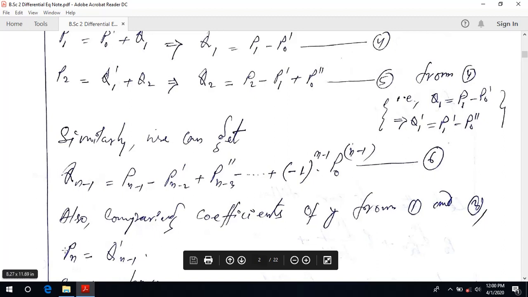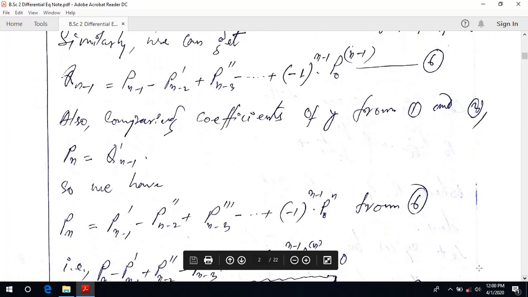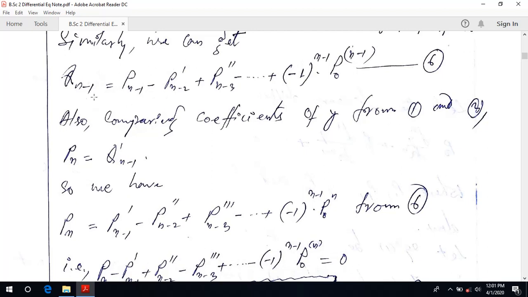We get this relation. So this is the coefficient from equation 1 and this is the coefficient from equation 3. So again, differentiating equation 6 with respect to x, we get this relation.